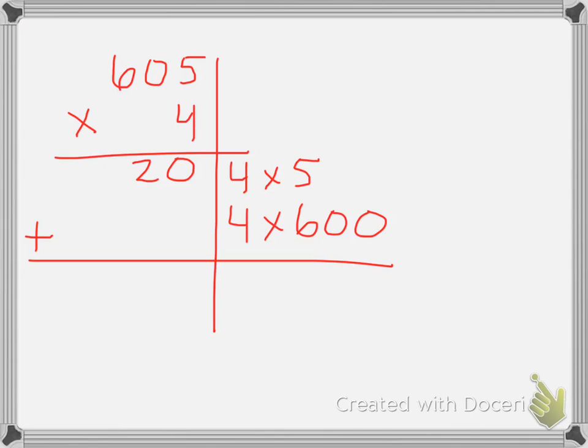And 4 times 600, well, I know 4 times 6 gets me 24, and 24 times 100 is 24 hundreds, so 2,400. Okay. I've got 0 in the ones place, 2 in the tens place, 4 in the hundreds place, and 2 in the thousands place. 2,420 is my final answer.